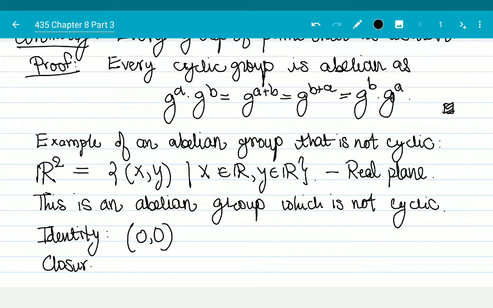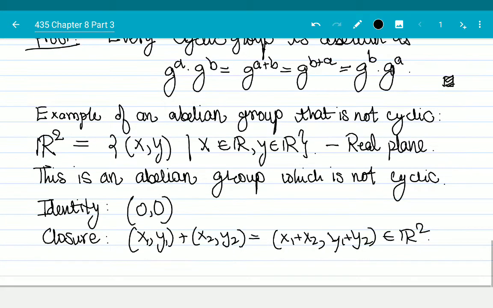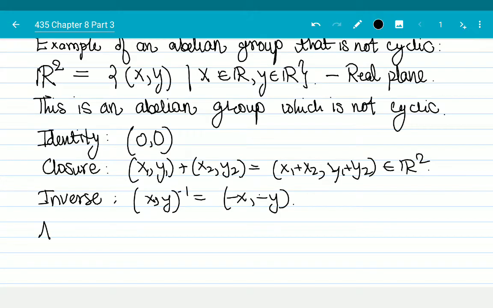Closure is obvious. (x, y) plus (x1, y1) plus (x2, y2) is equal to (x1 plus x2, y1 plus y2), which belongs to R2. Inverse: (x, y) to the negative 1 is equal to (minus x, minus y). And associativity is also there.